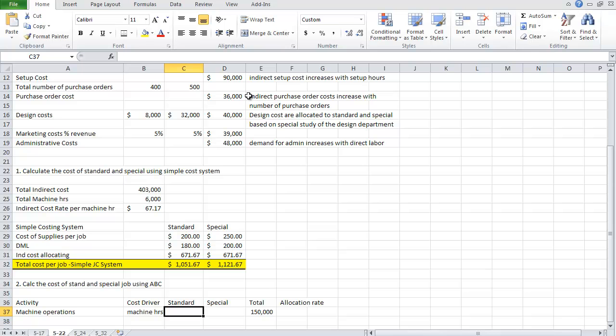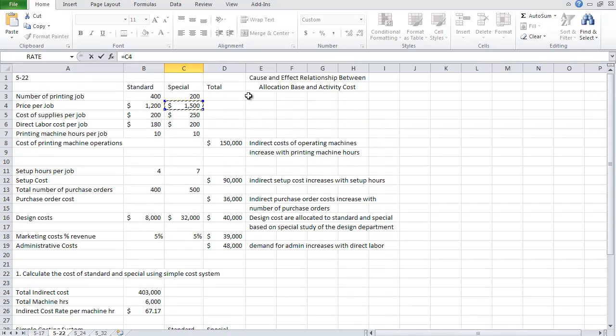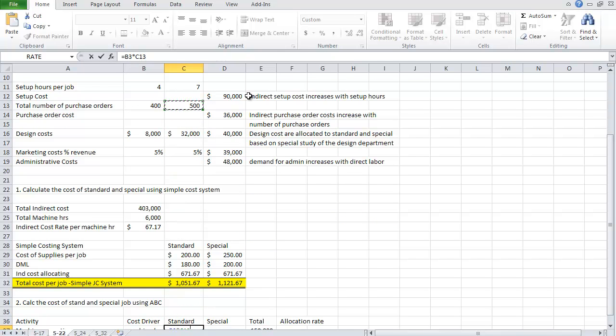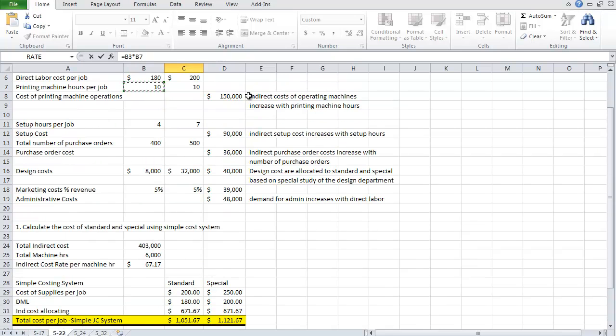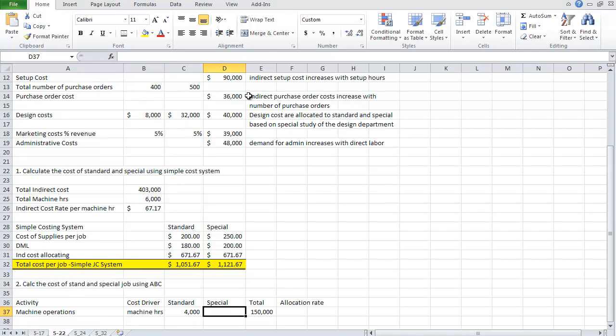So if we look at, for this particular area, the 400 jobs times 10 hours per job, that will give us the number of machine hours for that particular area.